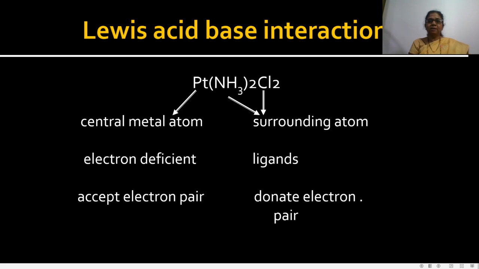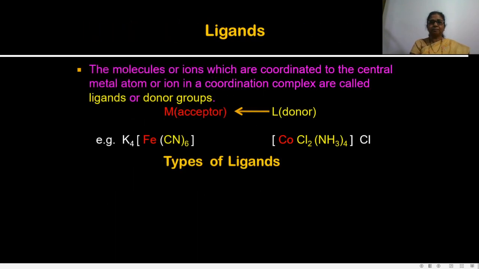The ligands, which are electron rich, donate the electron pair towards the central metal atom, which is why these ligands act as Lewis bases. That means in the coordination compound there is a Lewis acid-base interaction.